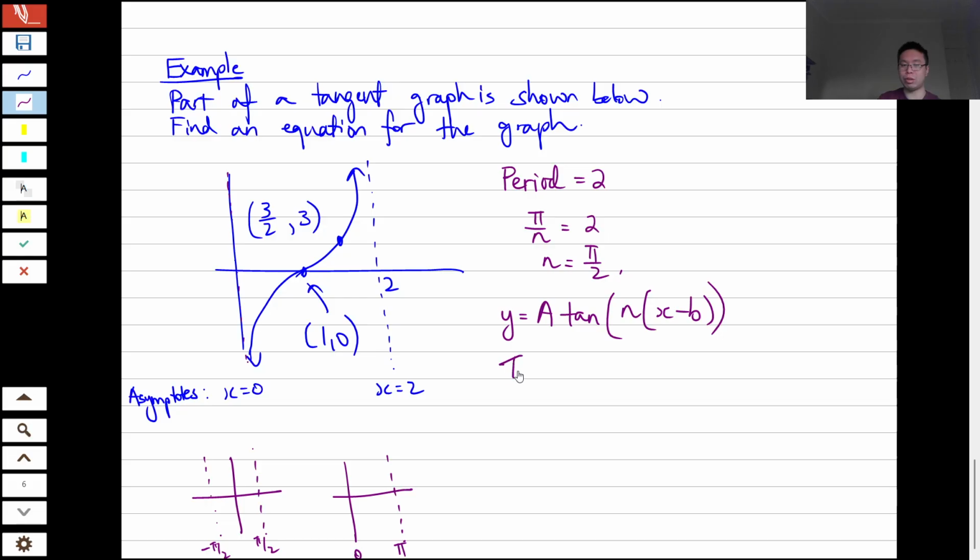So we're going to translate half a period. Now, again, because tan is an odd function, it doesn't matter whether I translate it to the left or to the right.